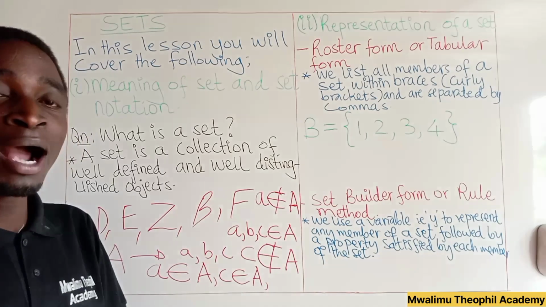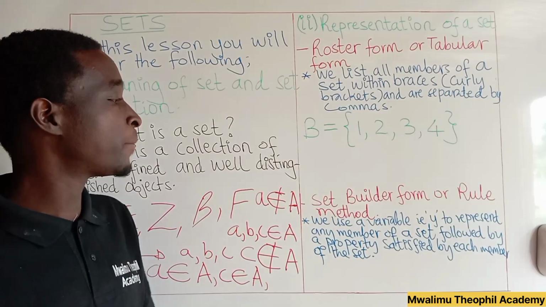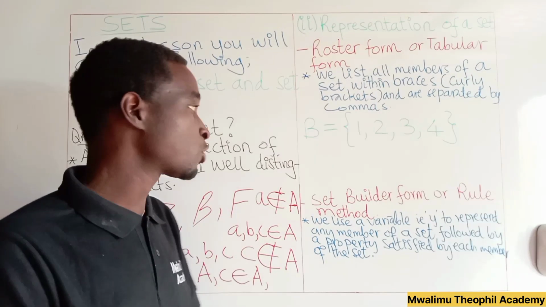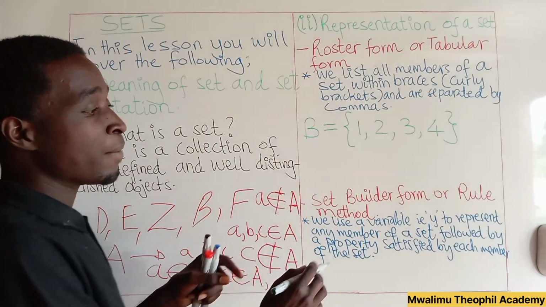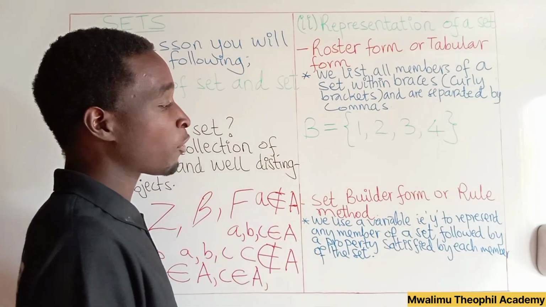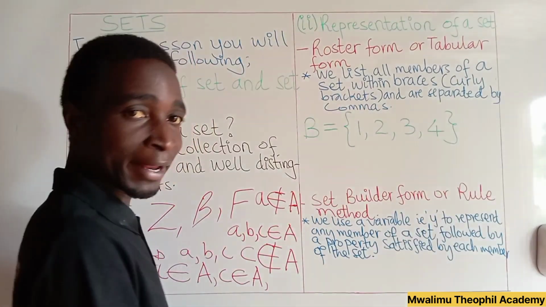Now, how are we going to represent them by using set builder form? We are going to write it this way. As I've said, my variable here is y. So, my counting numbers are going to be represented by y.